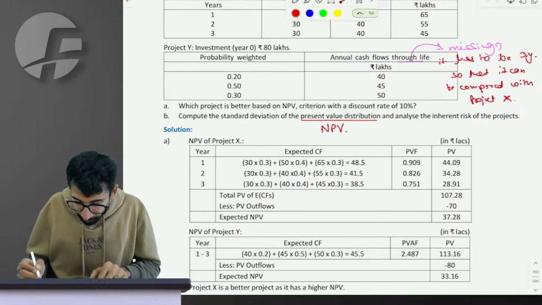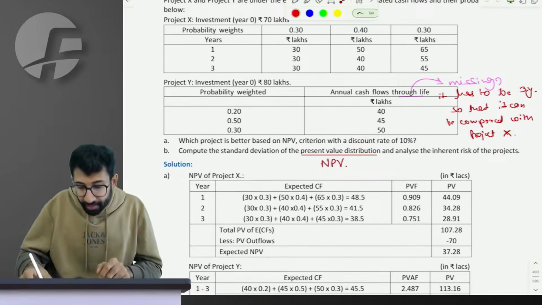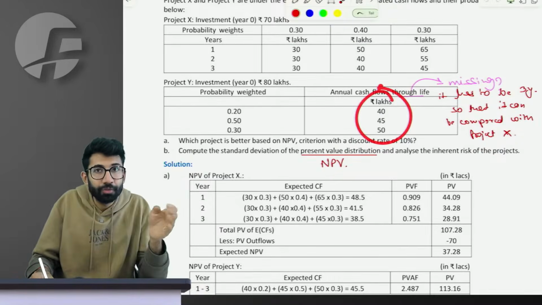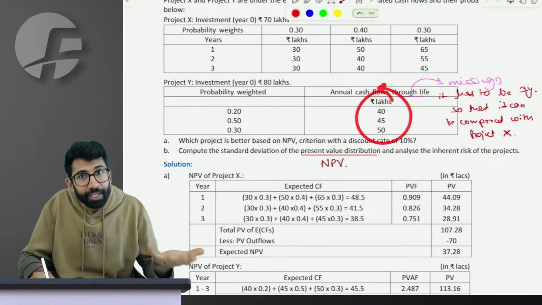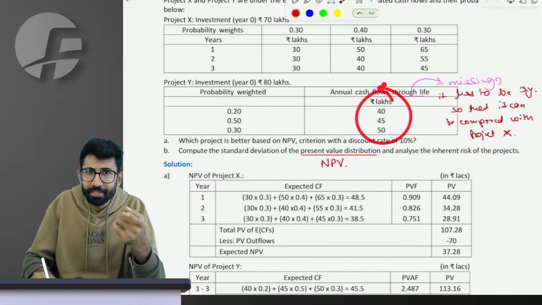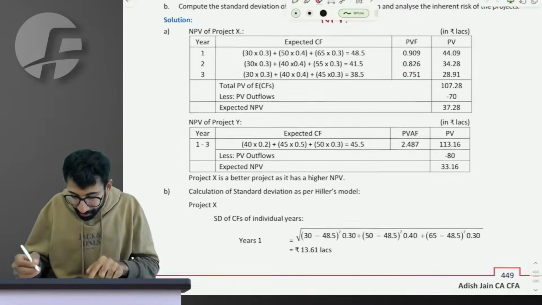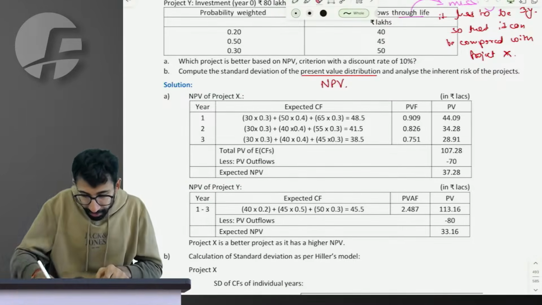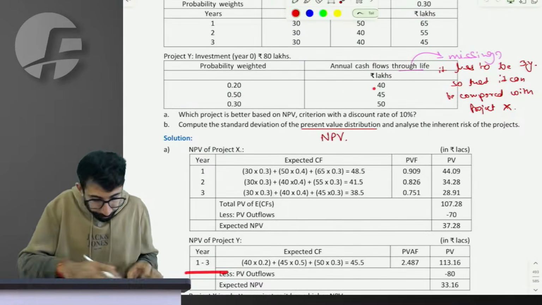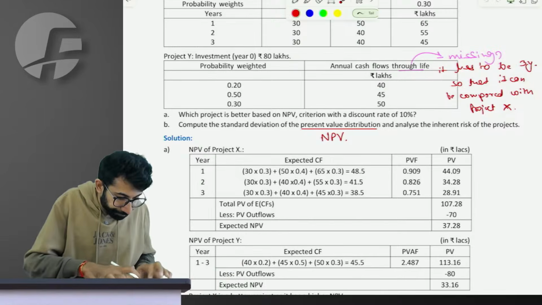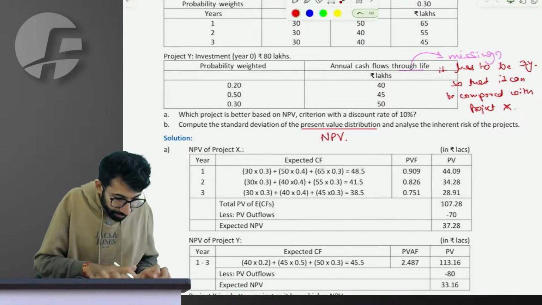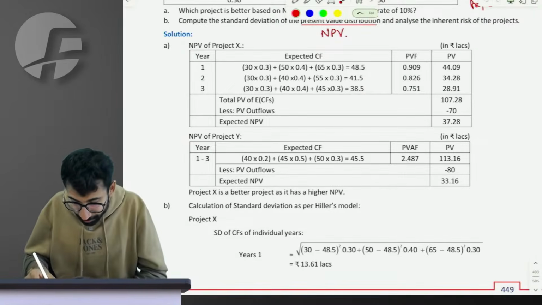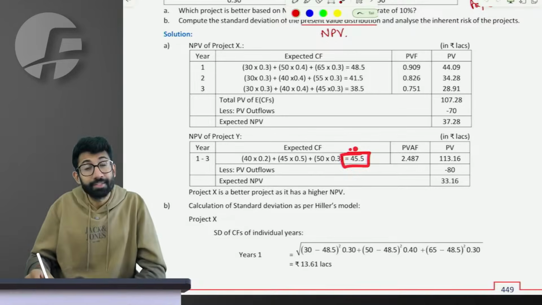Similarly, for the second project, it's easy. Every year if I have the same cash flow, then rather than present value factor, I can use the present value annuity factor. Could you get this line? Annuity factor means, for year 1 to 3, the expected cash flow is 40 multiplied by 20%, plus 45 multiplied by 50%, plus 50 multiplied by 30%, which is 45.5 for every year for the next 3 years.